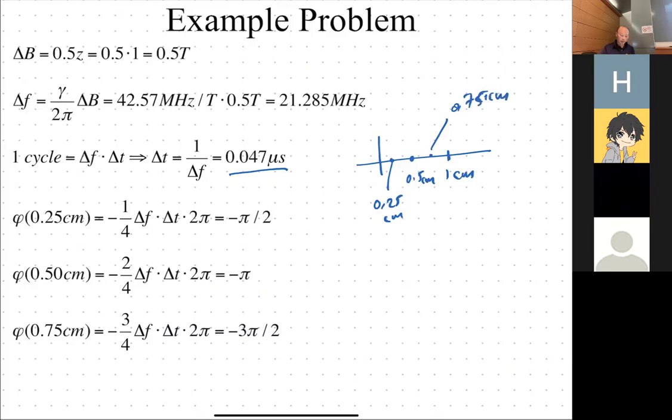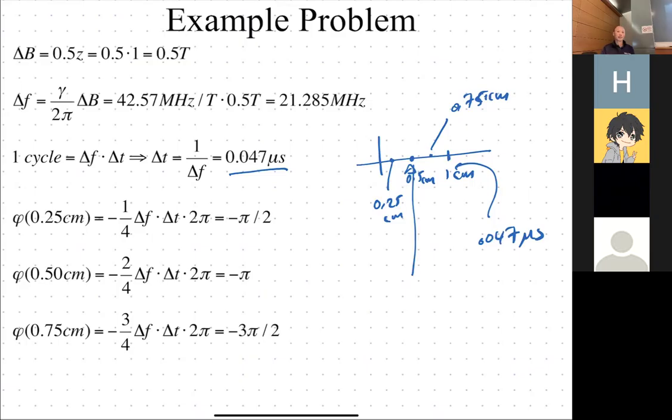We could either do the math, or we could just think about what the answer should be. It took this spin 0.047 microseconds to do a full rotation. Now this spin here is half the distance away, so its delta B is going to be half, so its delta F is going to be half. Therefore its period must be double. It would take twice as long, because it's going twice as slow, to get back into phase.